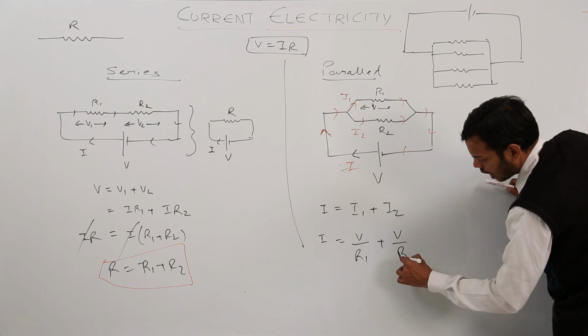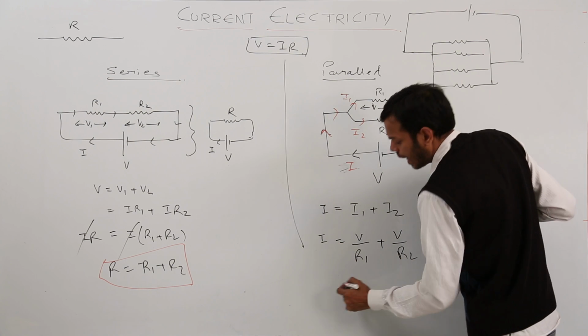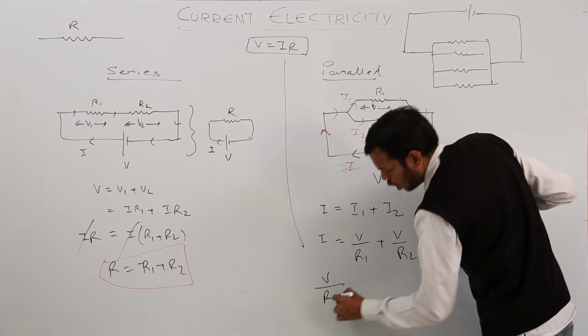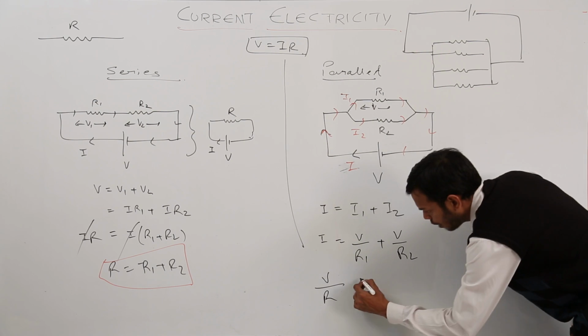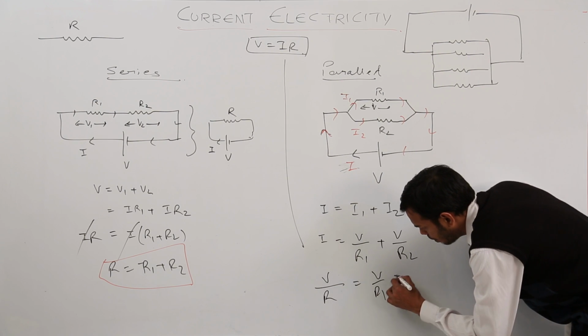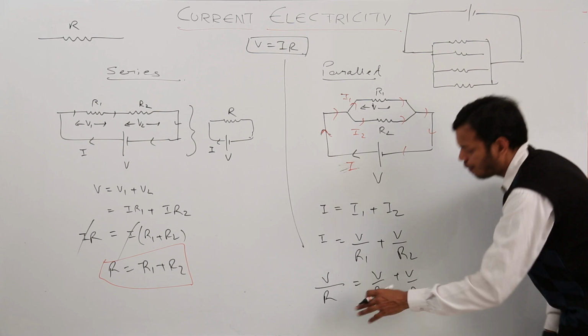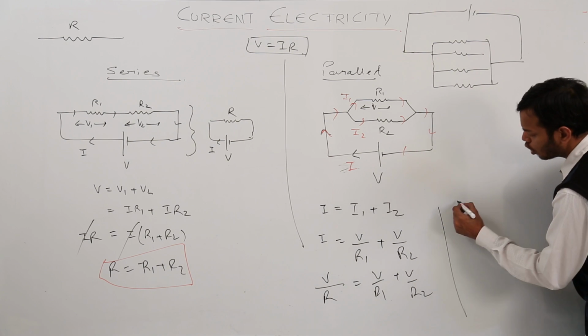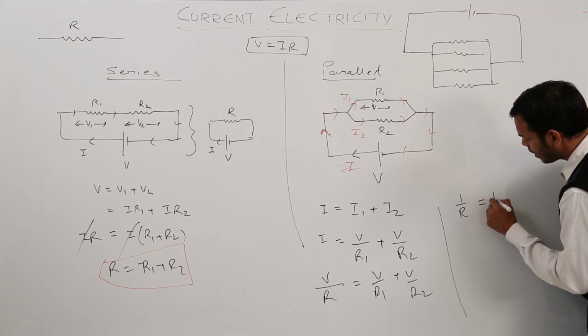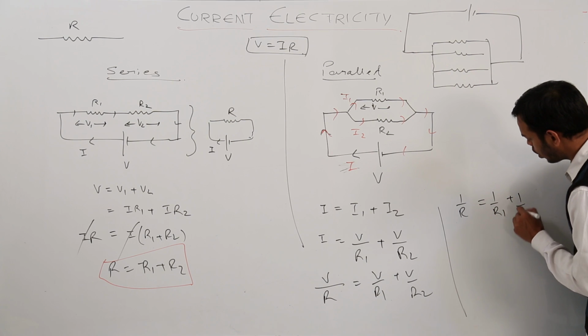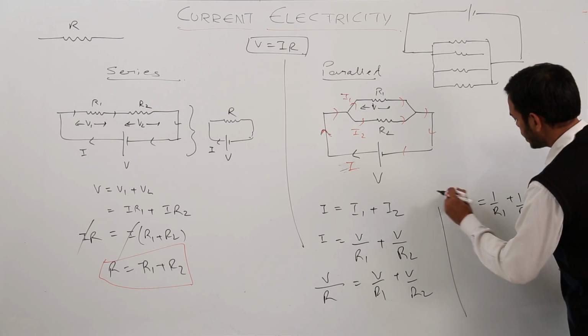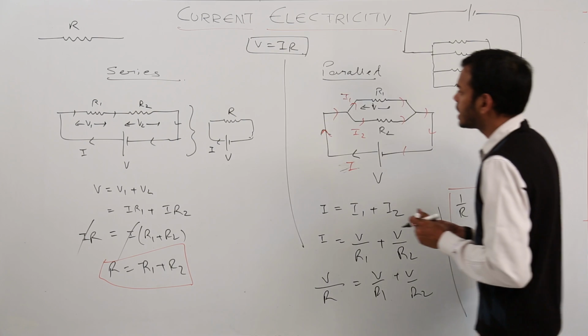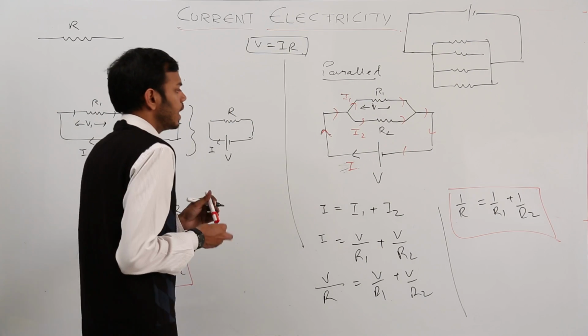Similarly, I2 is V upon R2. What is I? I would be the total voltage upon the total resistance of this circuit. So it would be V upon R1 plus V upon R2. Take V common and cancel it out. You will be left with 1 upon R equals 1 upon R1 plus 1 upon R2. This is the formula for resistors in parallel.